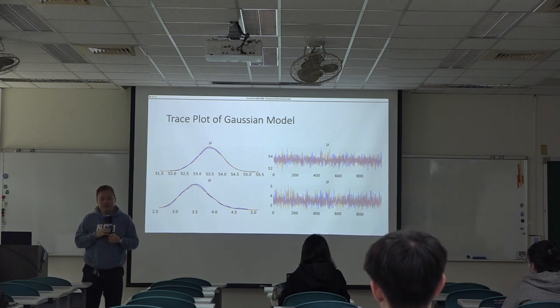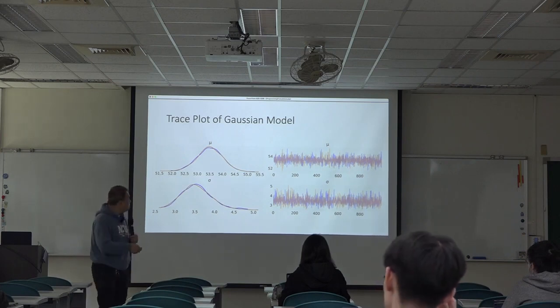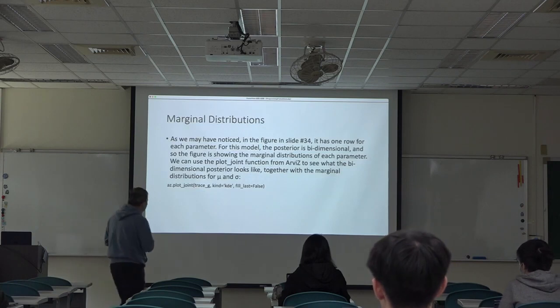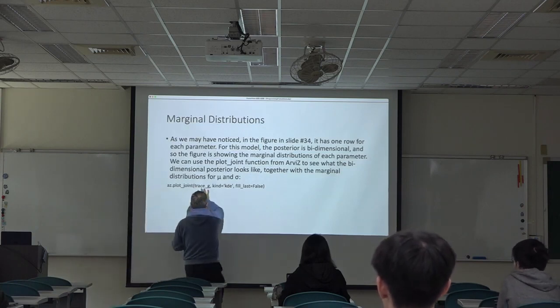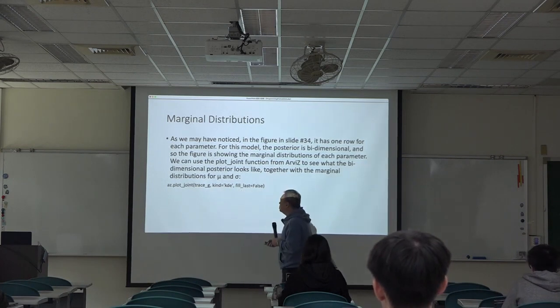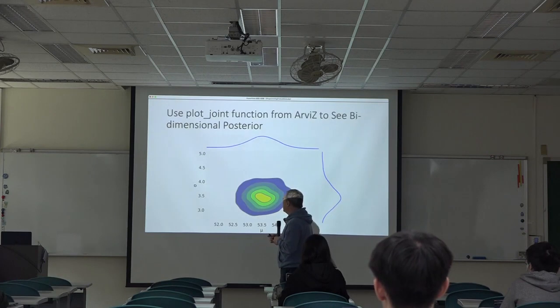If you want to see the joint probability distribution, you can use plot joint, and feed in the trace G, and then it is going to give you the joint probability like this.